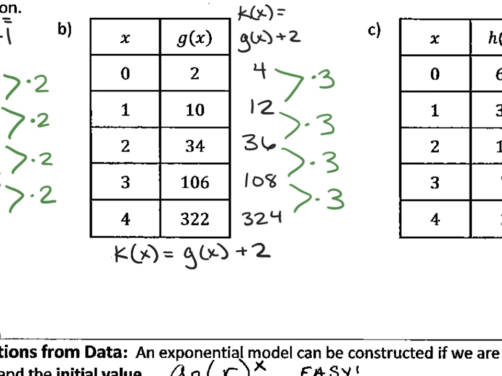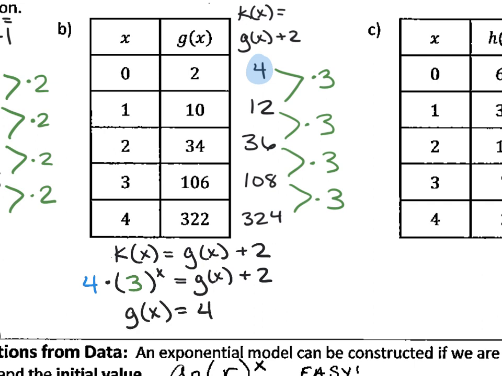But I also know that k, the numbers I added onto this table, would be created from an initial value of 4 multiplied by that common ratio of 3 raised to some x power. Very easily, how do we solve this for g of x? Subtract 2 from both sides. This is going to be 4 times 3 raised to the x power, all of that subtracted 2.